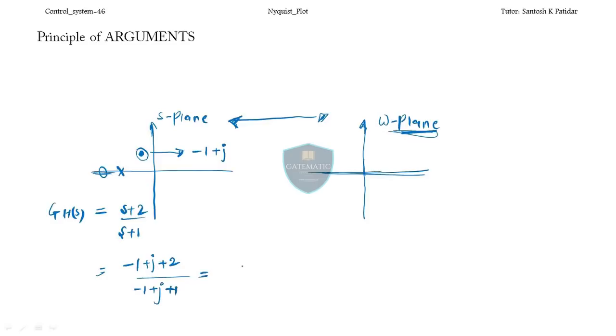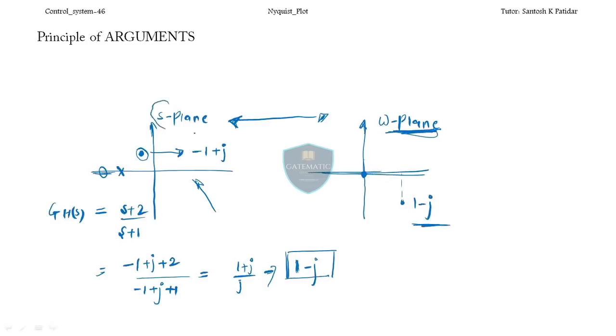What you will get is (1+j)/j, isn't it? So finally you get 1 - j. When you put in 1 + j, you get 1 - j. Now this 1 - j, you are not looking at in this plane. For this 1 - j, you are creating another plane with its own origin, whatever you assume, and you are just taking 1 - j.